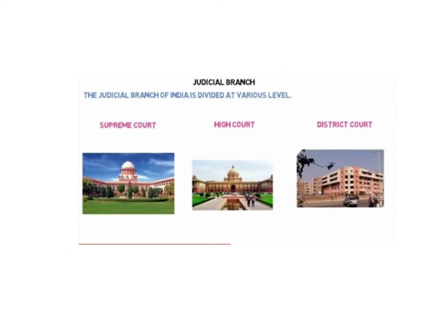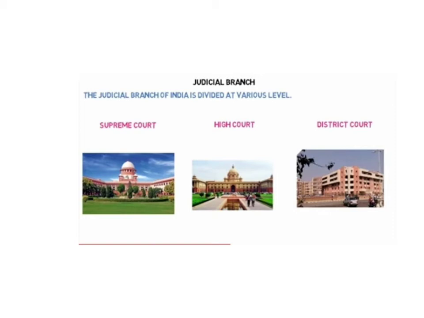Now we will see the third wing or third branch of government, that is the judicial branch, or the independent judiciary. The judicial branch of India is divided at various levels: Supreme Court, High Court and District Courts. The Supreme Court is called the apex court of India because it is the highest judicial body in our country.